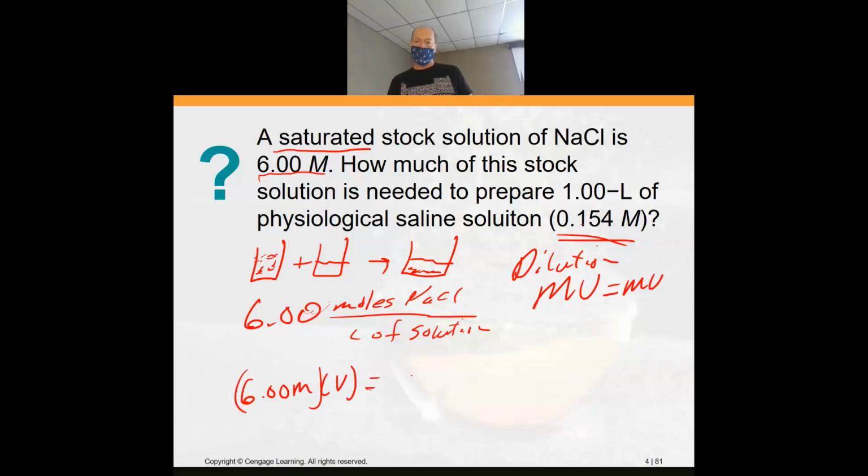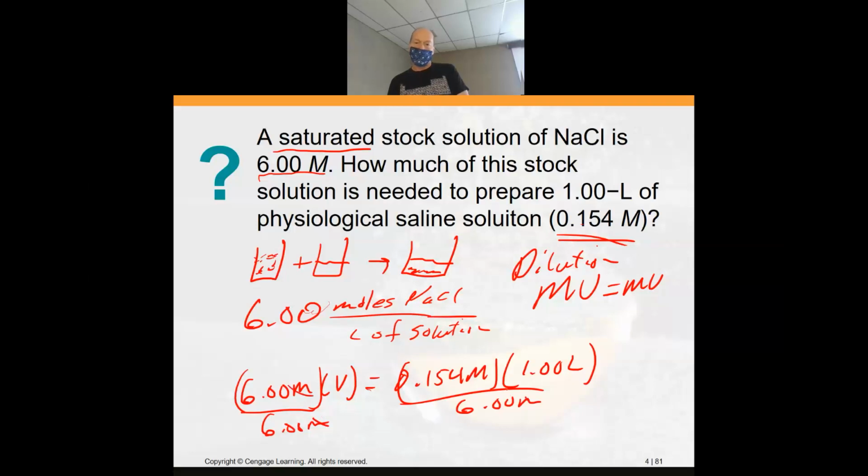And then if we are putting the 0.154 molar on the right side, we need the volume of that. And the volume of that is given. So we're going to need 1 liter. When you do this, you simply divide both sides by 6 molar.